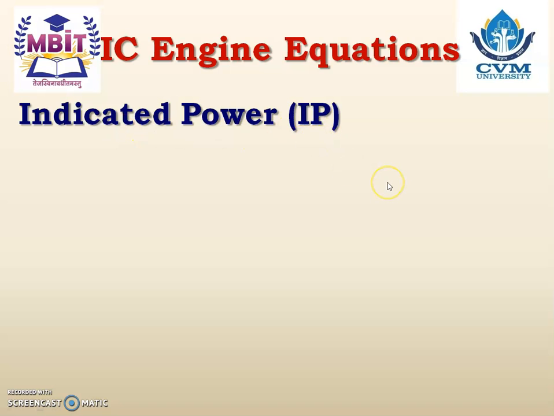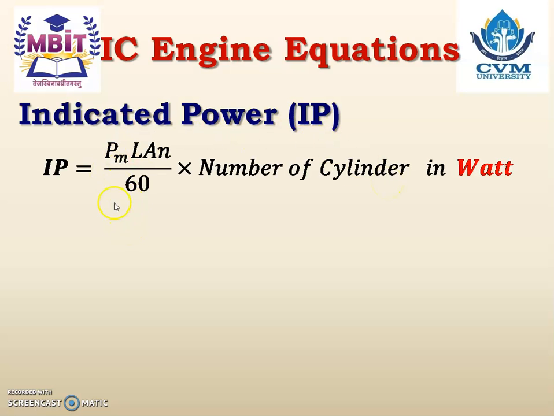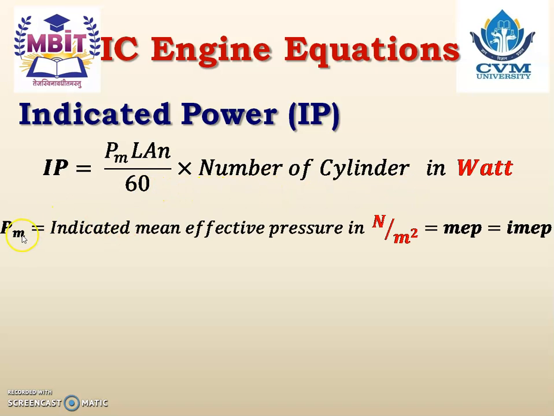Indicated power, IP. So IP can be calculated using the equation PLAN divided by 60 multiplied by number of cylinders, and the unit of the IP is watt. Or in a simple form, it can be remembered as IP is equal to PLAN by 60 multiplied by number of cylinders. Now Pm is indicated mean effective pressure in Newton per meter square, that is Pascal.